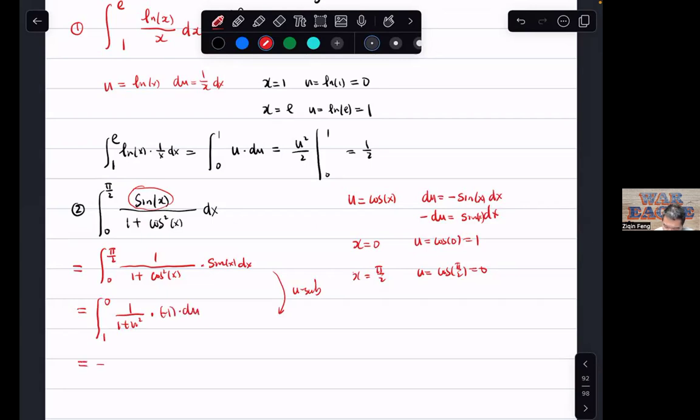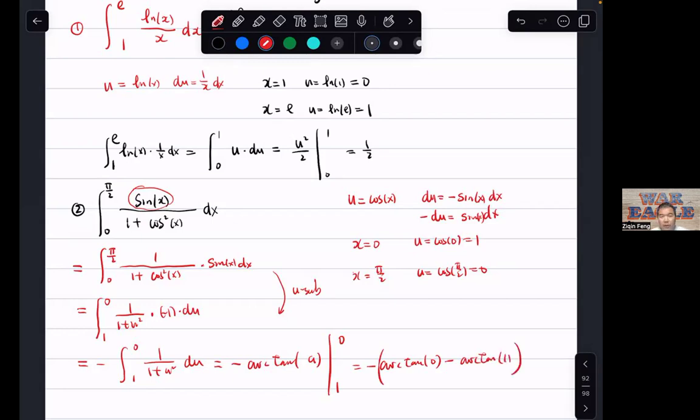So this is negative the integral from 1 to 0 of 1 over 1 plus u squared du. We know this function: its antiderivative is arctangent. So this is negative arctangent of u, then plug in 1, plug in 0, and subtract. So this is negative arctangent of 0 minus arctangent of 1. That's how we evaluate this definite integral using the method of u-substitution.